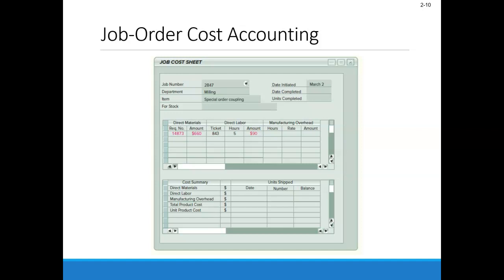The overhead gets assigned to jobs based on some method. It could be machine hours. It could be labor hours. There's not one standard at all.